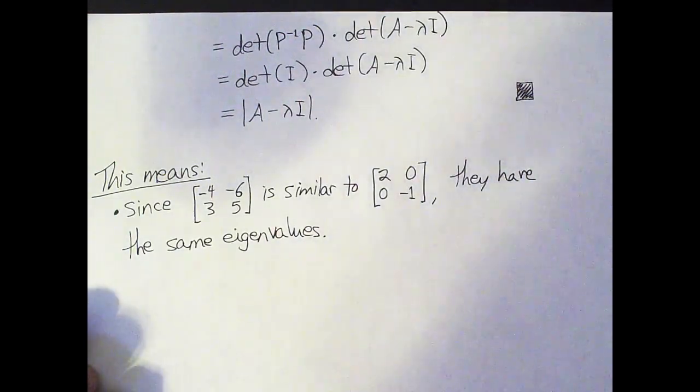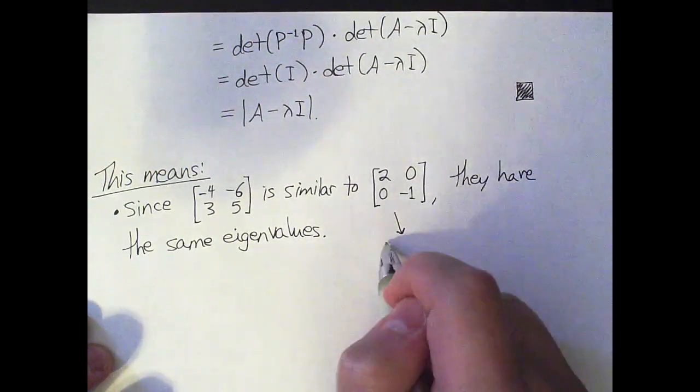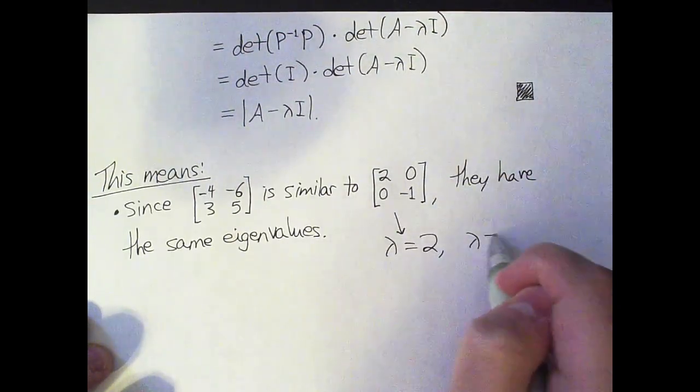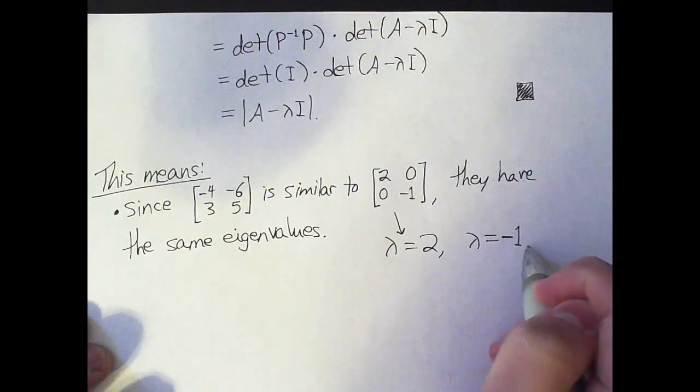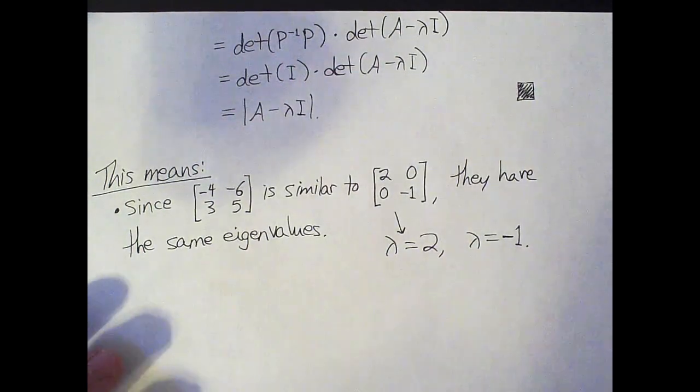Can you see what the eigenvalues are? Yeah, from the diagonal matrix, you can tell. The eigenvalues are 2 and -1. So 2 and -1, how did I get that?